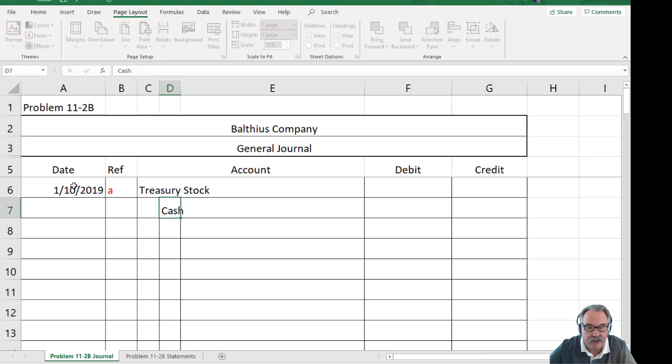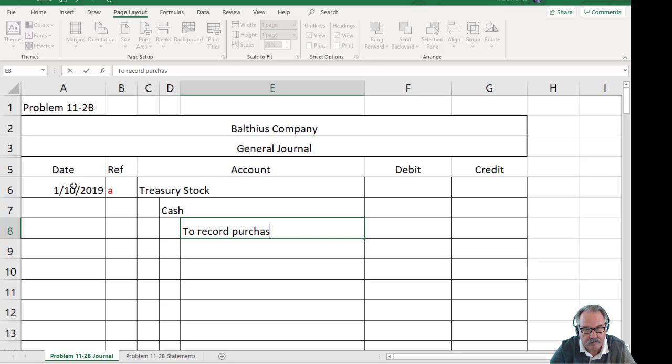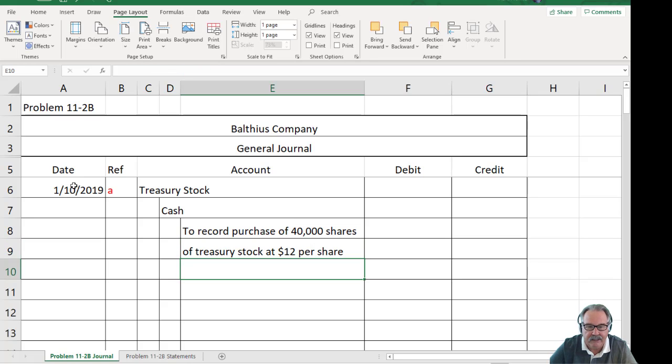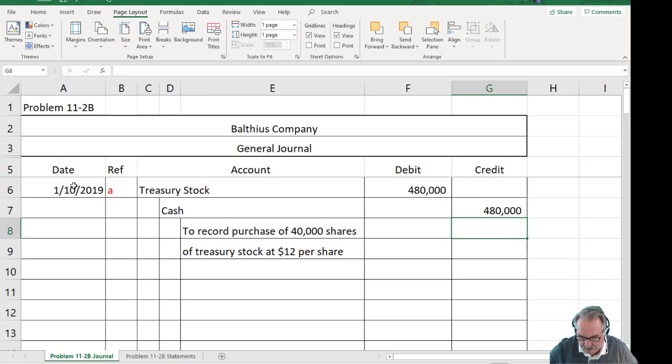And we paid cash, so this is to record the purchase of 40,000 shares of treasury stock at $12 per share. I'm going to put that right in the description. 40,000 times $12 is $480,000: debit treasury stock, credit cash.